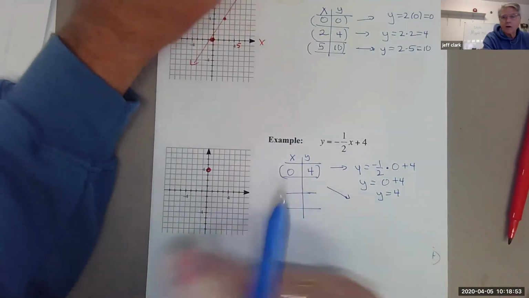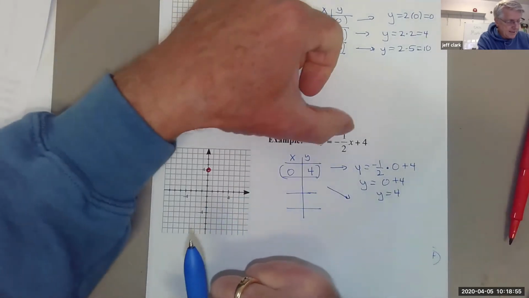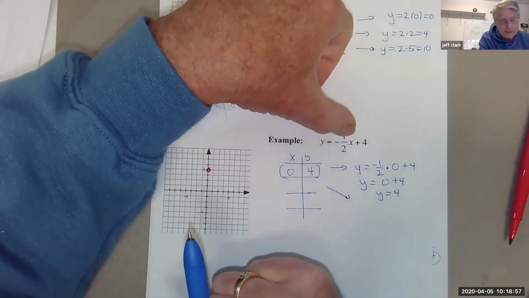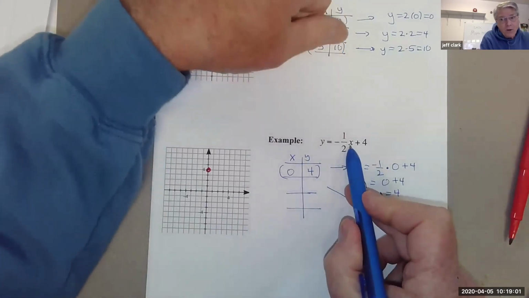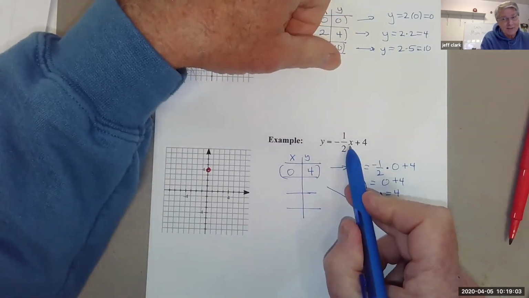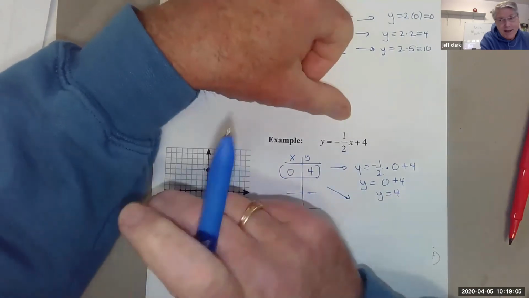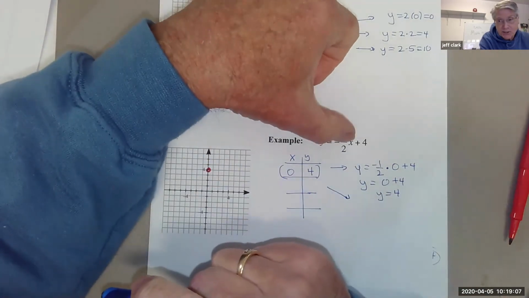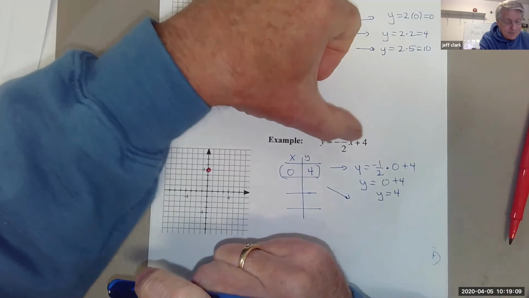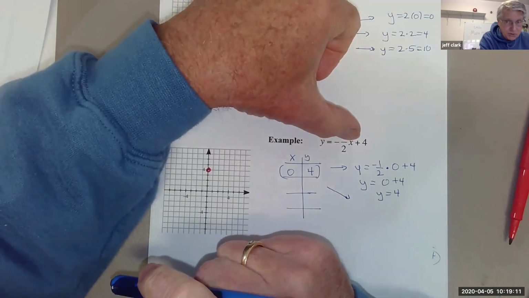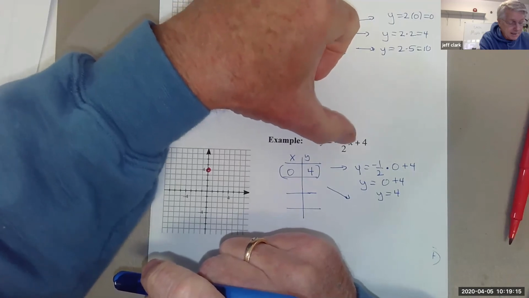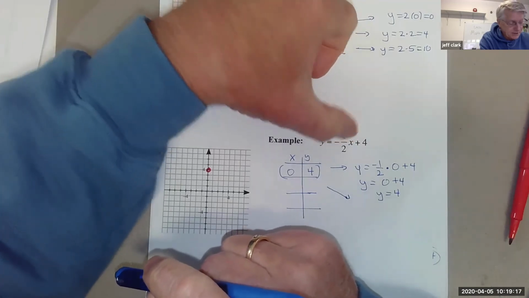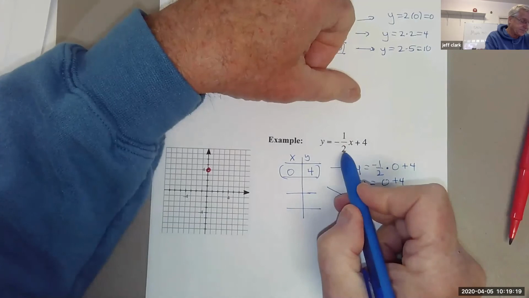Okay, now this is where it gets interesting because you can pick any number you want for X. Like if I put the number 1, I've got some fractions I'm going to have to deal with. So sometimes it's convenient. Notice the denominators too. If you pick multiples of 2, like 2, 4, 6, -2, -4, then you won't have fractions. So look at the denominator since it's 2.